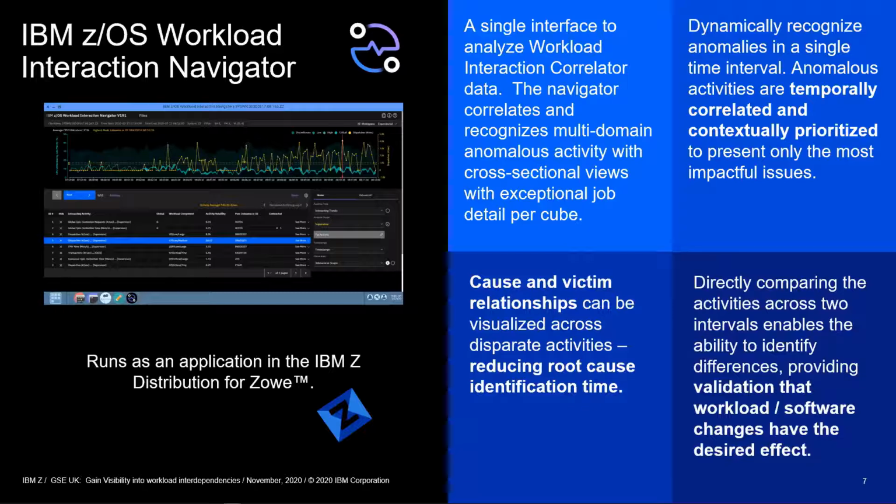So we can start to cycle through those activity groups, and the navigator has the smarts built in so that it'll bring forward the highest value or most exceptional ones first, so that we can really start to deep dive into what the problems are across the workload.